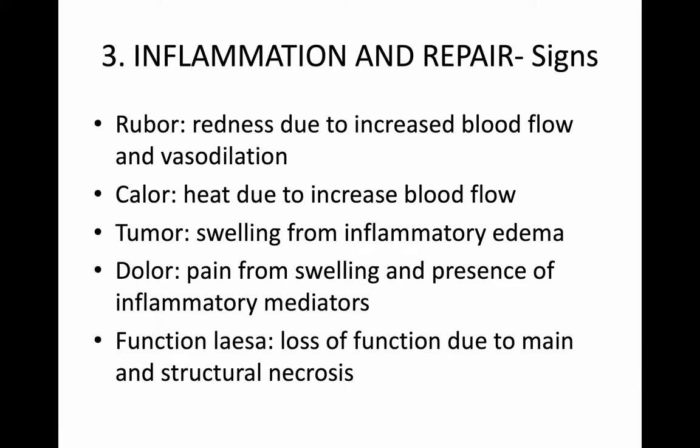When you go to the hospital, they ask you, is there redness? Does the place feel warm? Is there swelling? And is there pain? Those are the four characteristic ways that you identify inflammation, even though we know that now clinically these are not the ways to identify inflammation, but this has stuck over time.